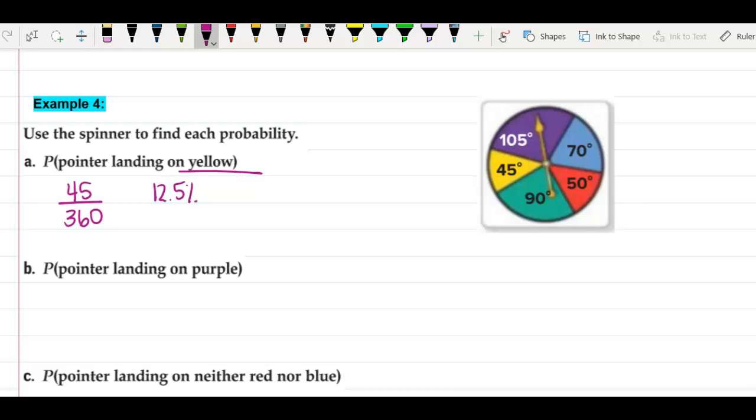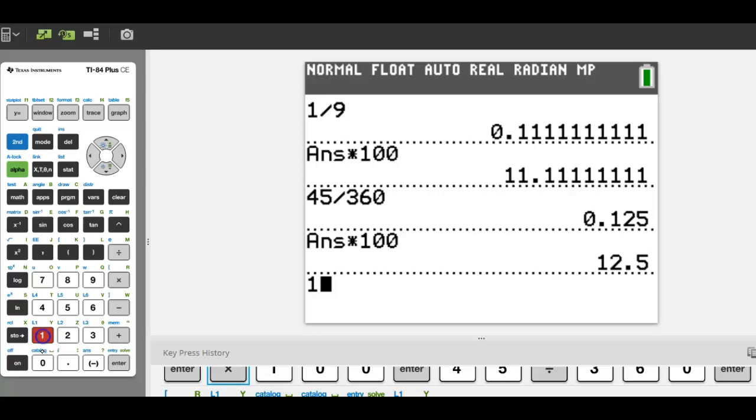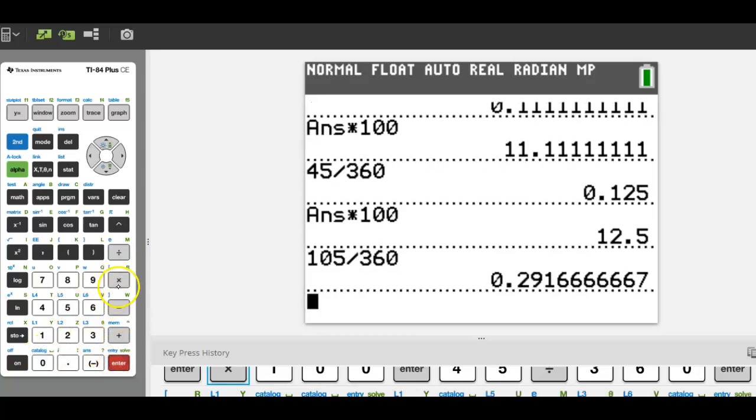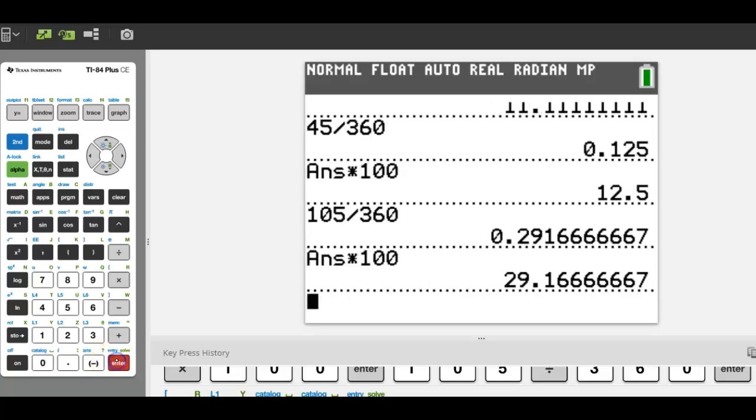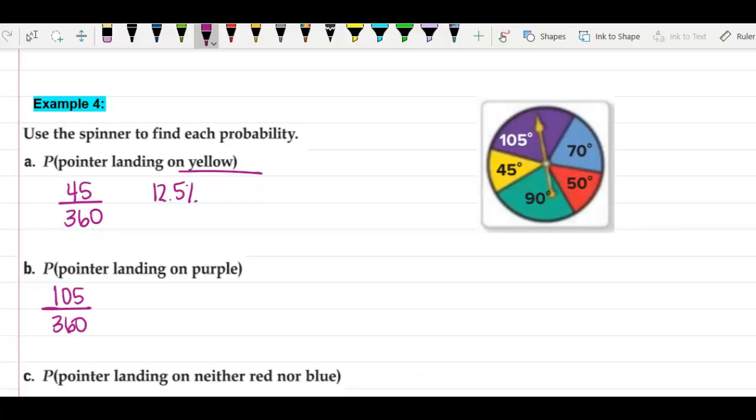Okay, same sort of idea for B, pointer landing on purple. So purple is 105 degrees over 360. 105 divided by 360 times 100. About 29.2.